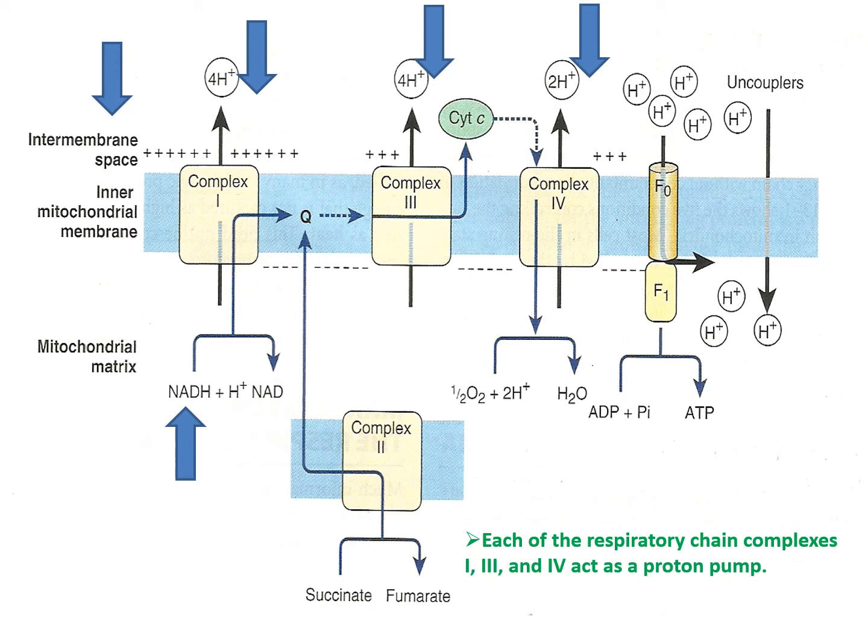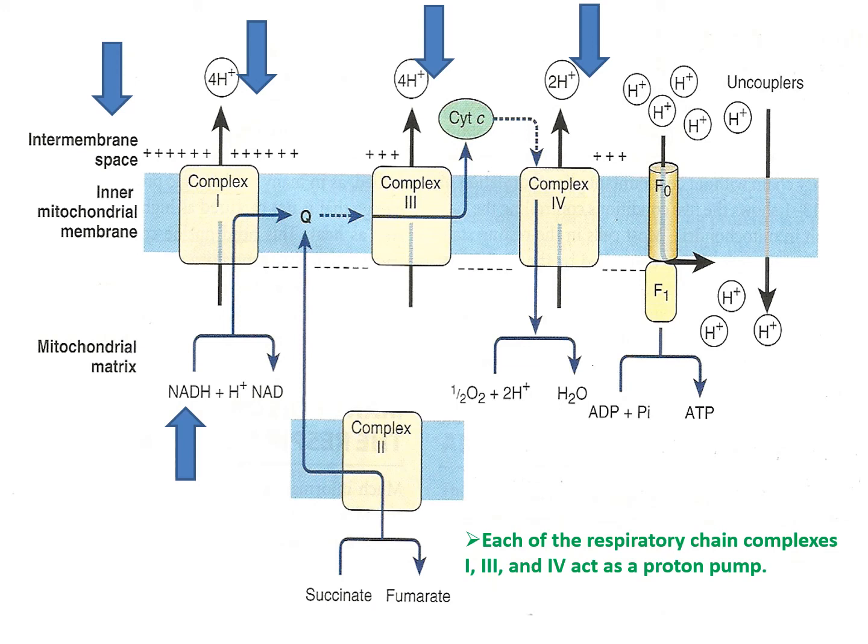That means the electron from complex 1 is taken by ubiquinone to complex 3, which pumps out 4 protons, then it is taken by cytochrome C to complex 4, which pumps out 2 protons.